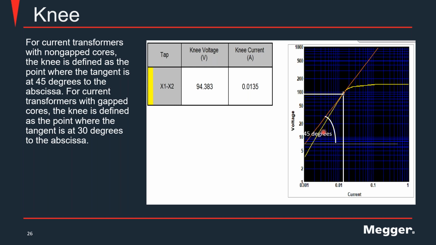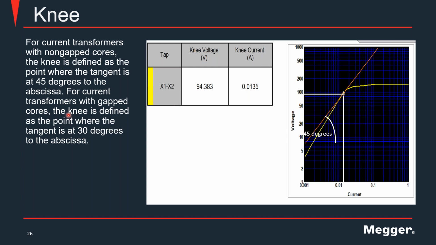Now, as the curve is drawn, you have multiple tangents. At some point, this starts moving into saturation. When it starts moving into saturation, these straight lines start changing their angle. When that angle becomes 45 degrees, you say that that is the knee point of the transformer.